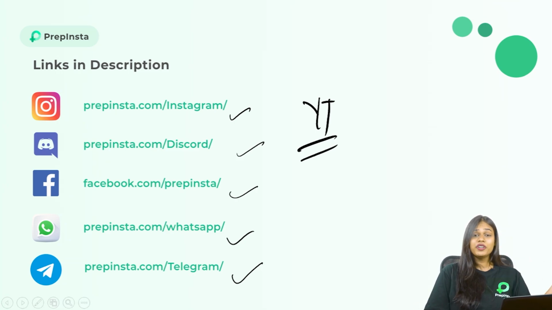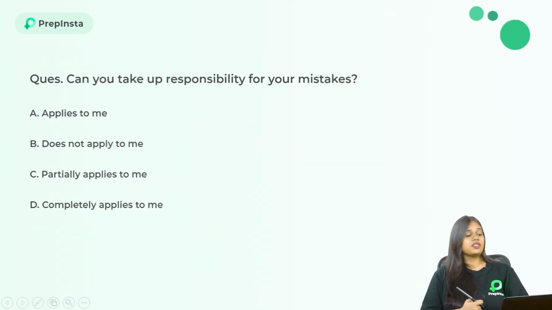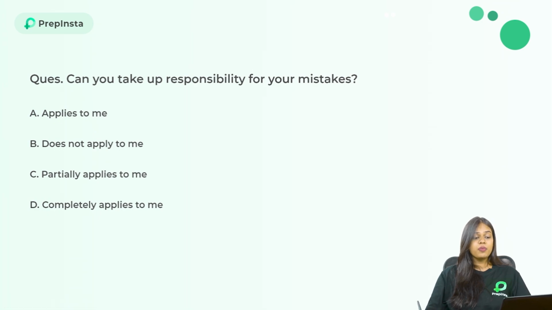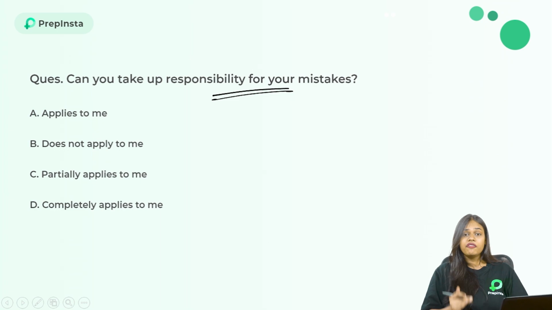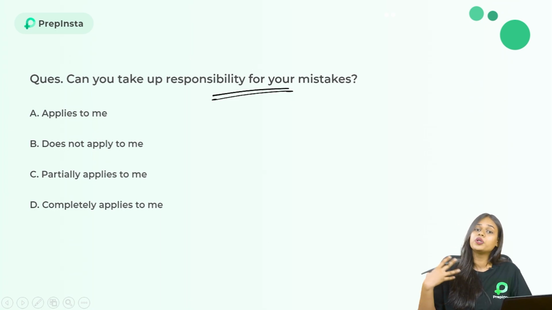All right, so moving forward, let's move towards the remaining questions. Can you take up responsibility for your mistake? Applies to me, does not apply to me, partially applies to me, or completely applies to me. What does this mean? It means, can you be accountable if you make a mistake? Are you responsible for that? Do you actively take accountability for it?